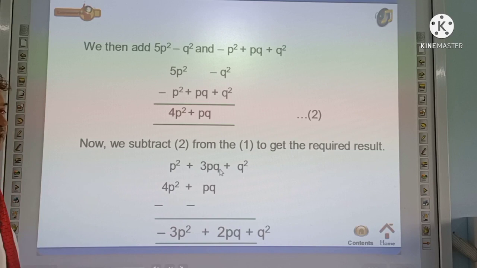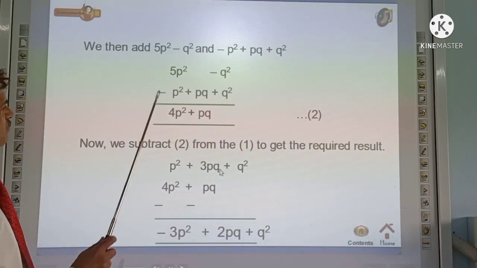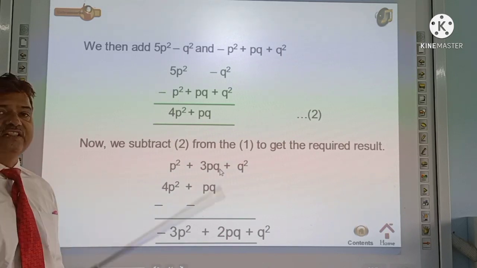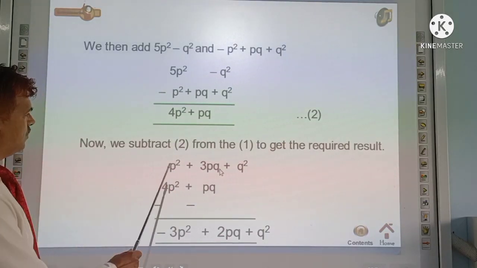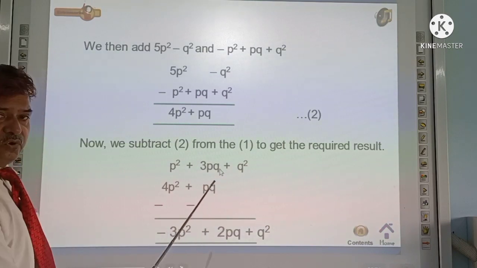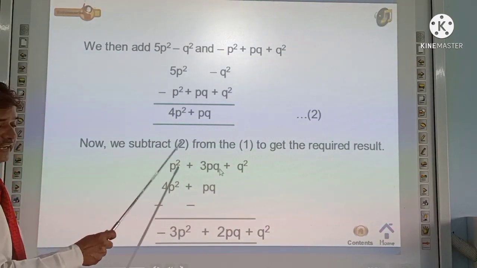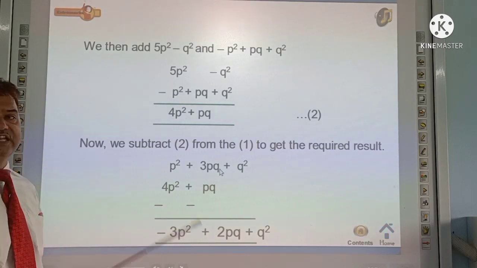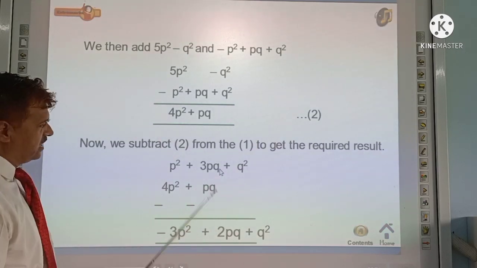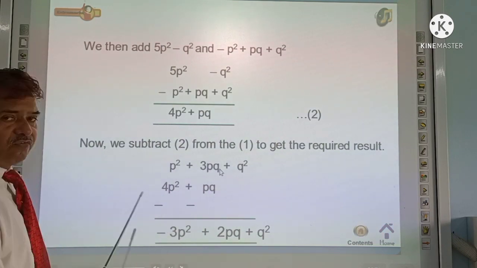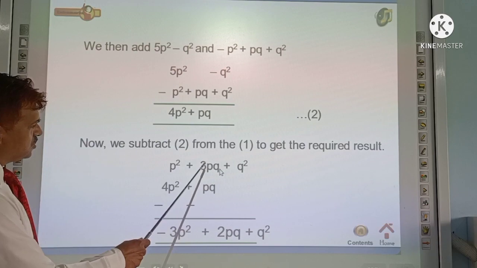Okay, now third step. The third step is that we will subtract the second from the first. So we put here the first term and second term. Now we subtract this. Here is no q square, so we leave it blank. Now q square as well as q square, change the sign of the lower terms and solve it.